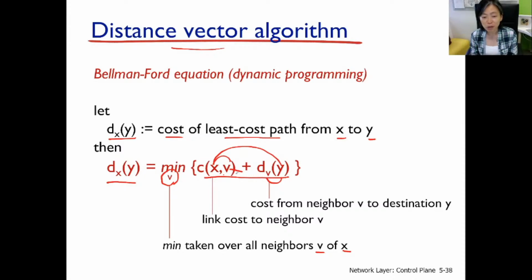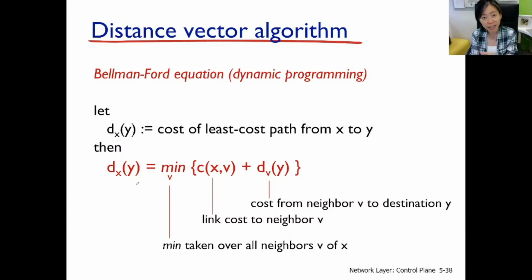So all we need to do is go over all the neighbors, calculate the sum for each neighbor, and pick the neighbor that gives us the minimum value. And that minimum value is the minimum cost from x to y. And that v there is the next hop along the shortest path to the destination.